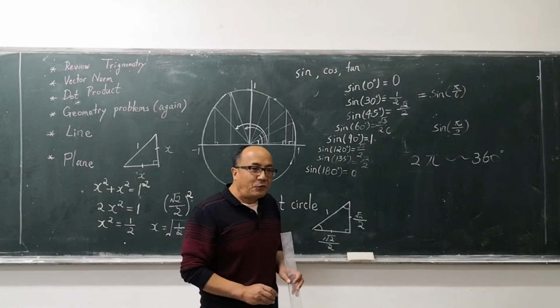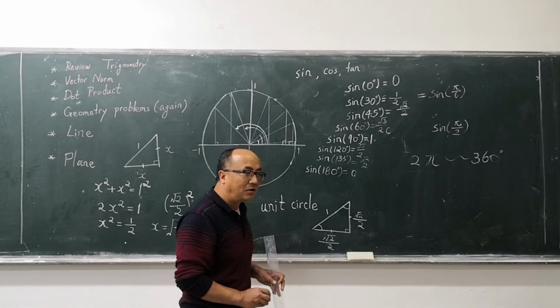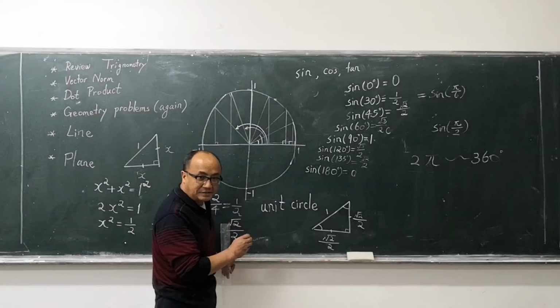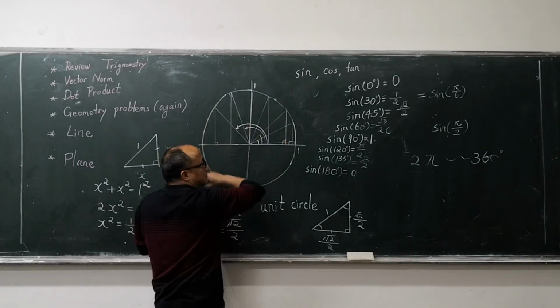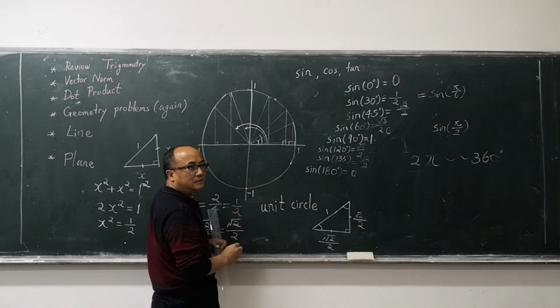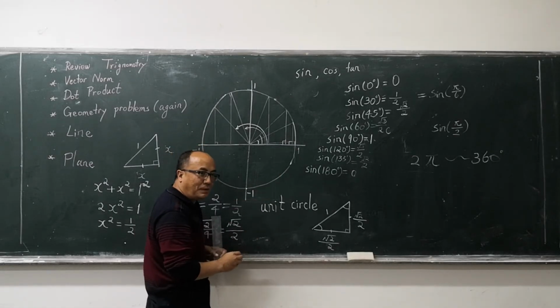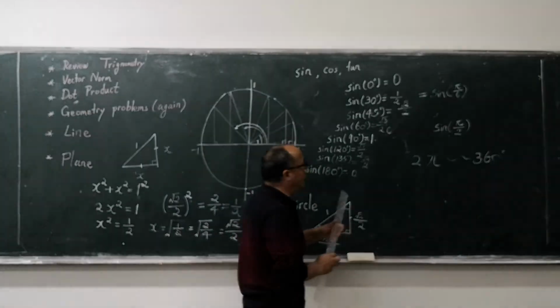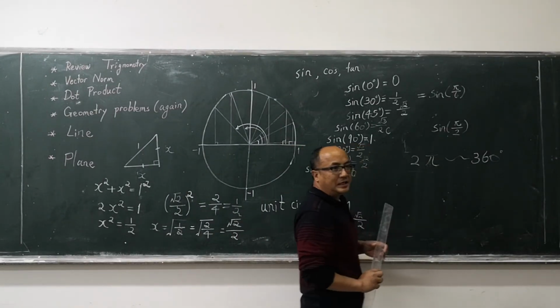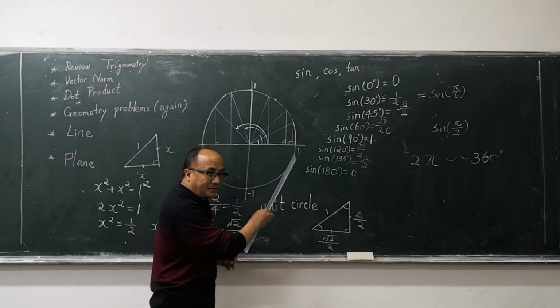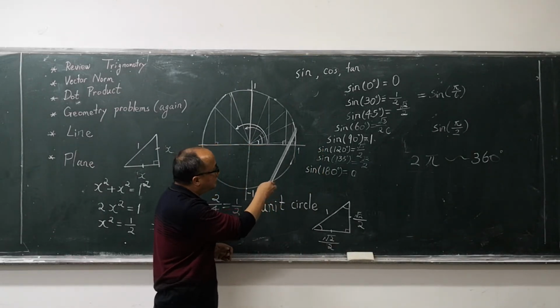How far do you have to run? The length, I'm talking about the length. 2 pi. So when we use this pi, it means the length.